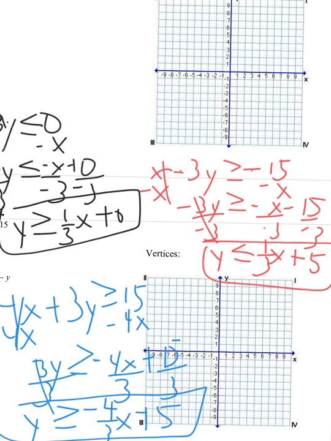So my y-intercept is 0. So we're at 0, and we're up 1, right 3. So we'd be right there. Up 1, right 3. We'd be right there. Up 1, right 3. If we go the other way, down 1, left 3. Down 1, left 3. And you're going to want to find vertices, so you're going to want to repeat these slopes over and over. Okay?